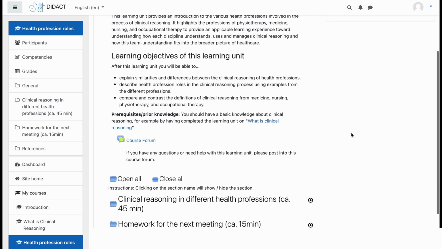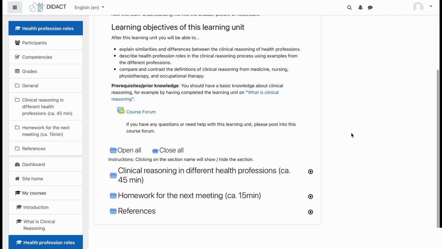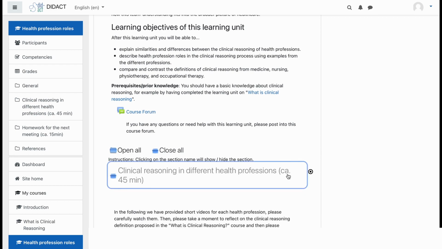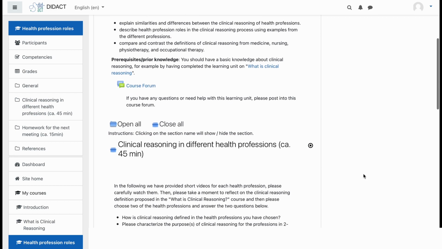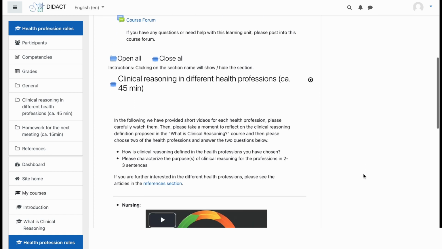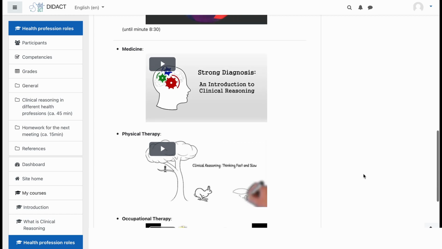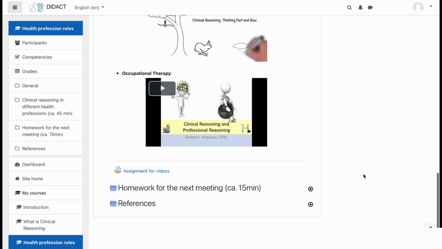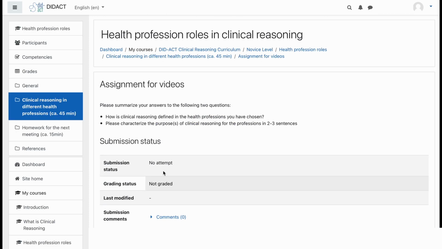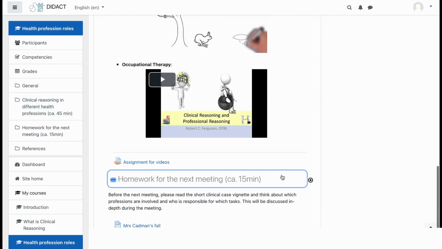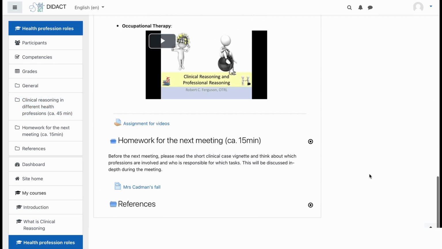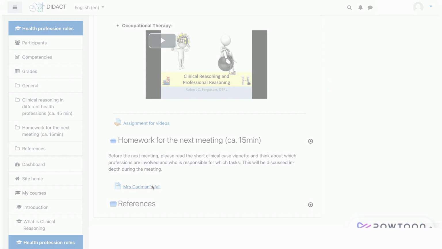In Phase 1, learners are familiarized with the learning objectives of this learning unit and then watch several videos on how clinical reasoning is conceptualized in the different health professions, for example physicians, nurses, occupational therapy and physiotherapy. This is followed by a clinical scenario in which learners are supposed to apply what they have learned in the videos. The last part is a preparatory homework for Phase 2.